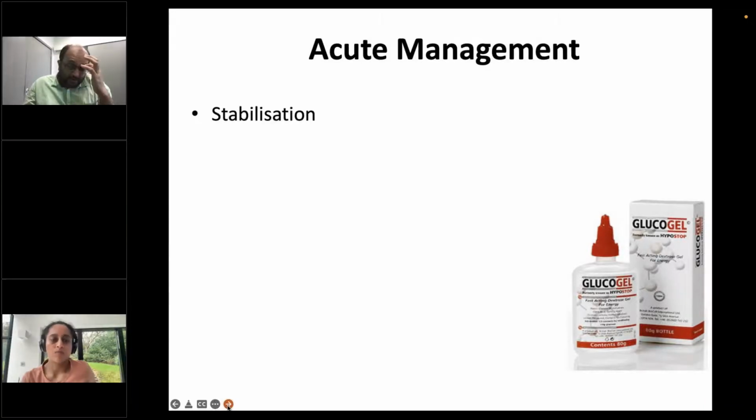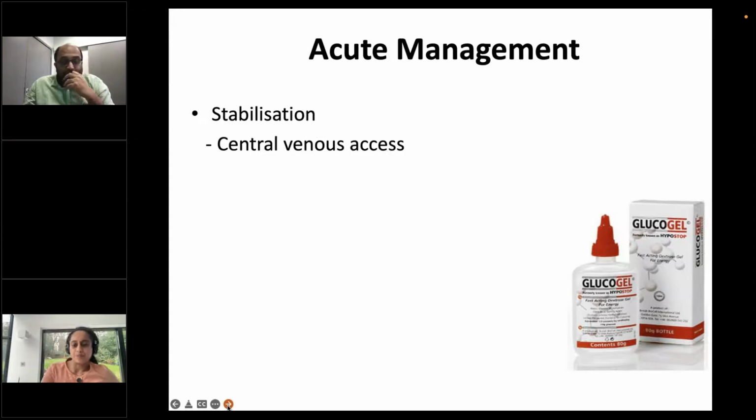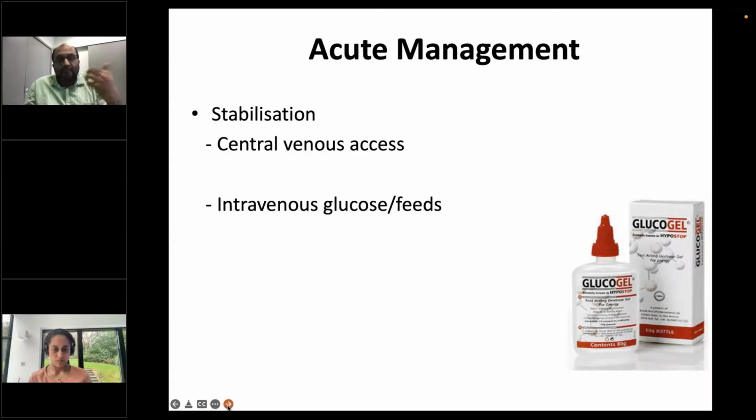And in terms of management, the most important thing is stabilization of the babies or children. Now, if it is a baby, then sometimes if they are in persistent hypoglycemia in spite of normal IV fluids, they may need central venous access to give a high amount of glucose. In some other babies, we may need to give regular feeds or high calorie feeds.